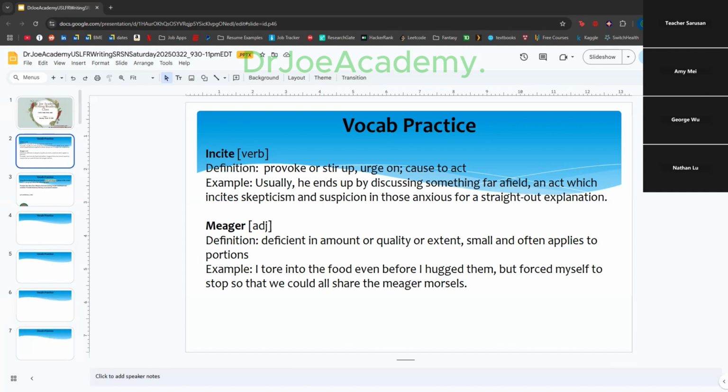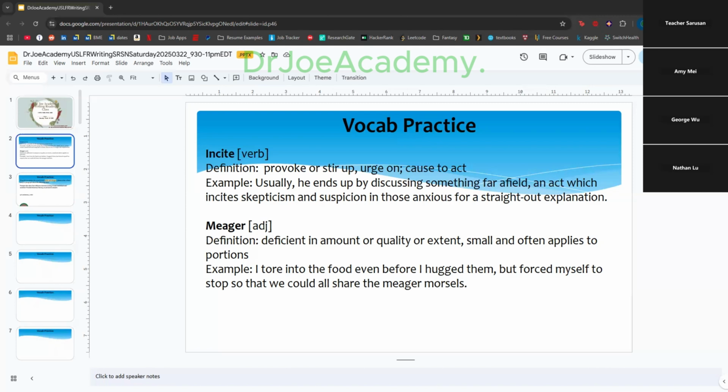Meager, definition, deficient in amount or quality or extent, small and often applies to portions. Example, I tore into the food even before I hugged them, but forced myself to stop so that we could all share the meager morsels.